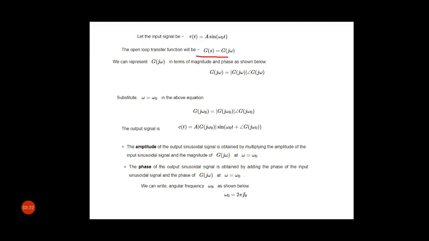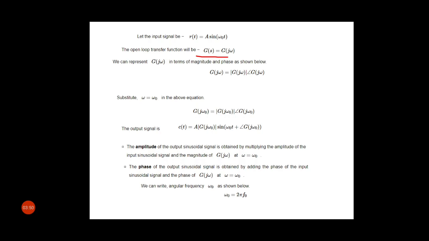As we are giving a sinusoidal input, we can substitute s equal to j omega in our transfer function. So from now onwards we are going to substitute s equal to j omega.